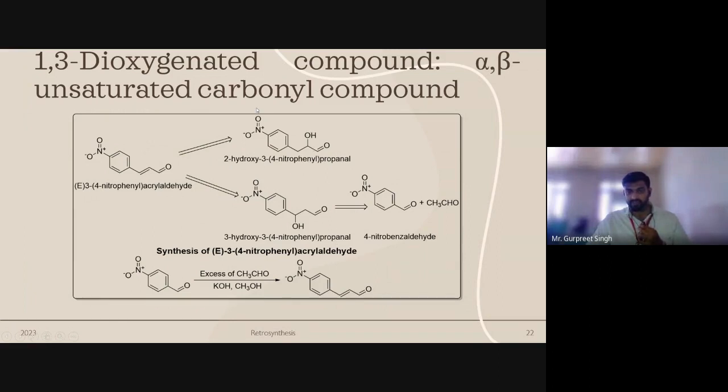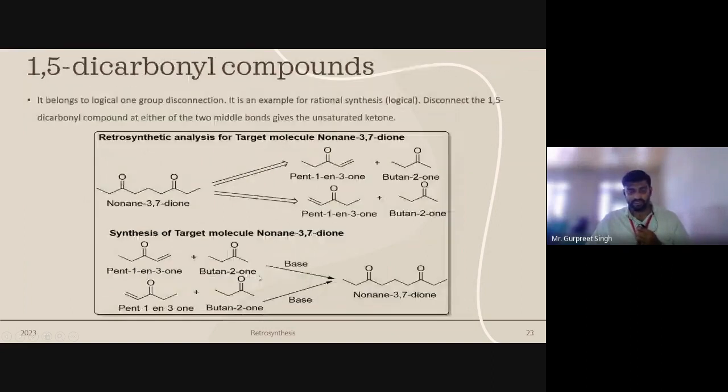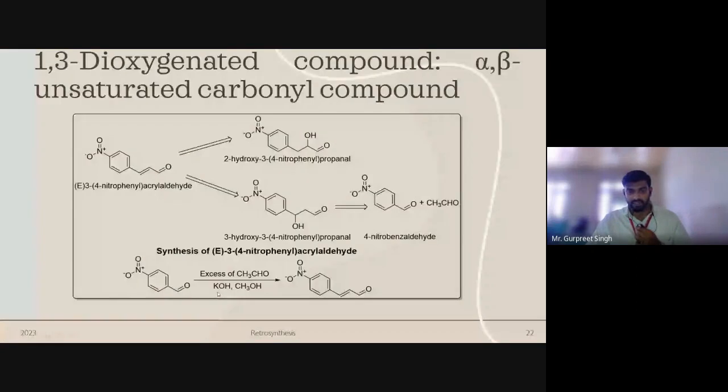But this one is very hard to make. This is easily available, so we go with this. And to form this compound, we have 4-nitrobenzaldehyde with acetaldehyde. So first, 4-nitrobenzaldehyde should be treated with excess acetaldehyde in the presence of KOH and alcohol to form this final compound.